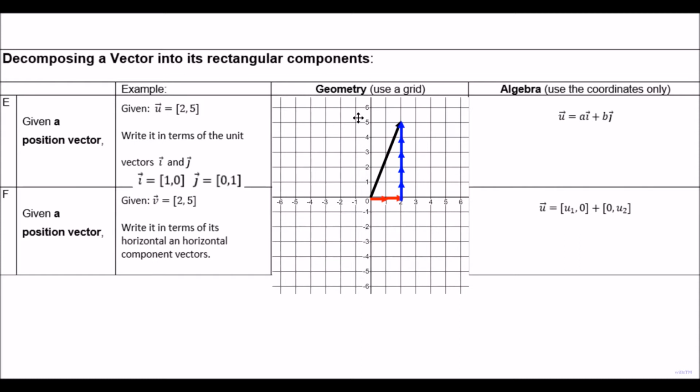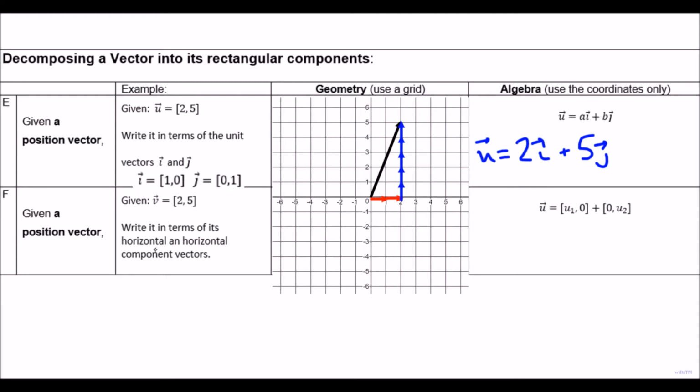These are all positive because they're always going to the right or up. So I can write this as vector u is equal to 2i plus 5 vector j. And this a and this b really are u1, u2.